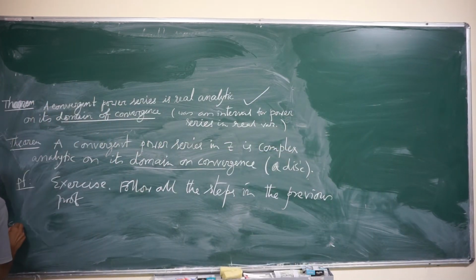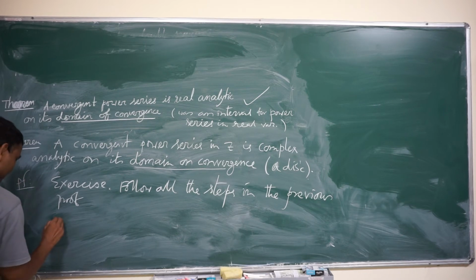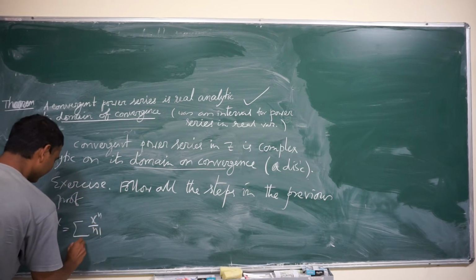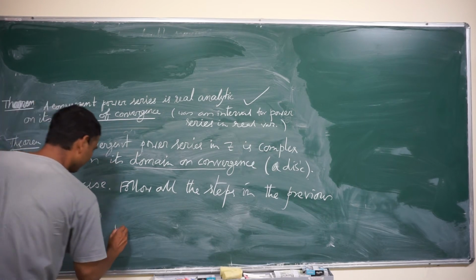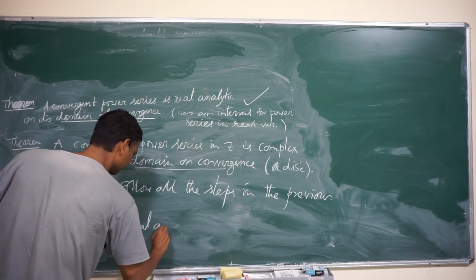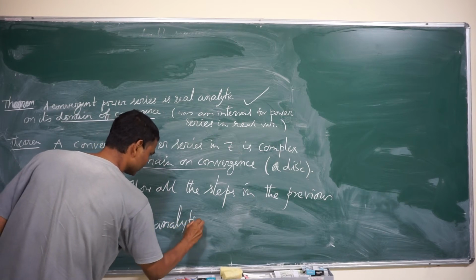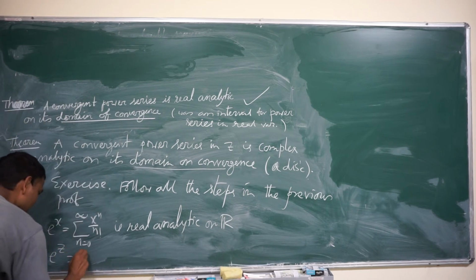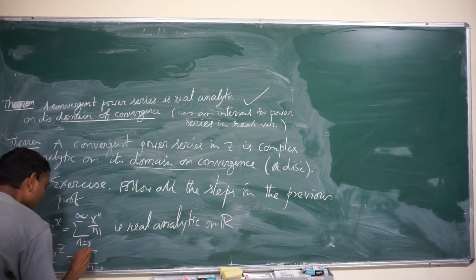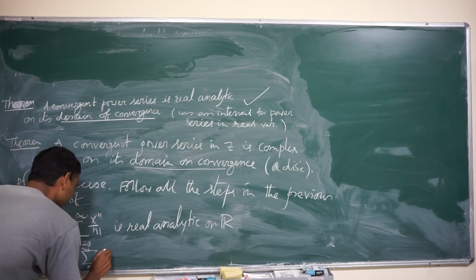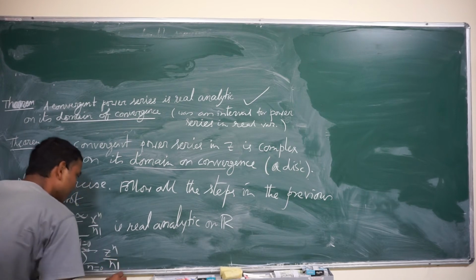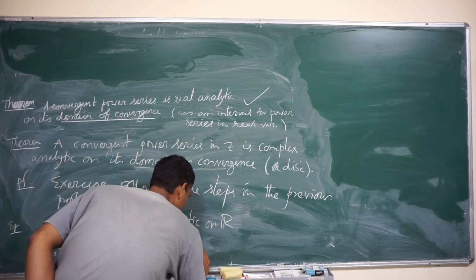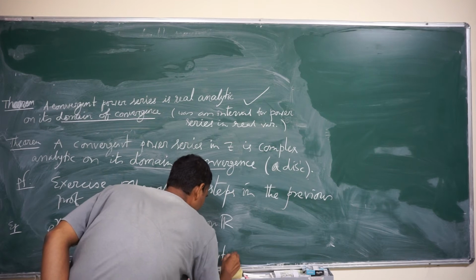So example: e to the x, summation x to the power n by n factorial from 0 to infinity, is real analytic on R, and similarly e to the z, which is summation n from 0 to infinity z to the power n by n factorial, is complex analytic on C.